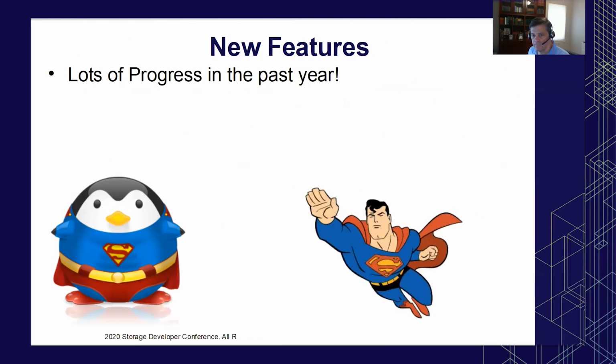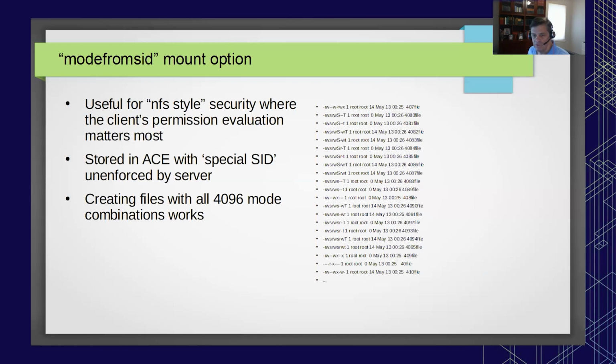Now let's talk about some of the exciting progress over the last year or the last 13 months. The modefromsid mount option, here you can see it allows us to map mode bits much more accurately. This allows us to handle workloads where we have a sort of NFS style of security.